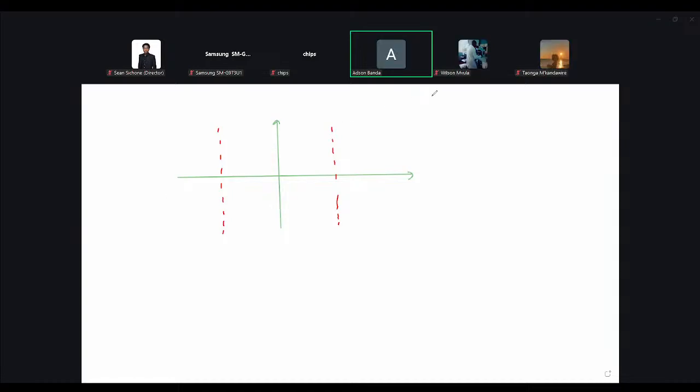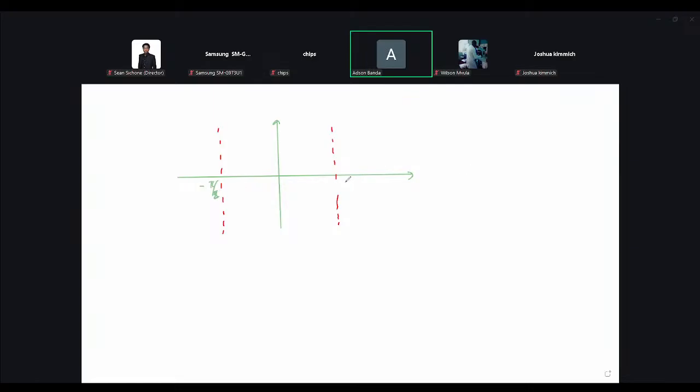So now I want to just remind you of the graph that we have seen before, the graph of the tangent. In this case, we know that the tangent is undefined at pi by 2 and also at negative pi by 2. So we are going to keep in mind those restrictions.